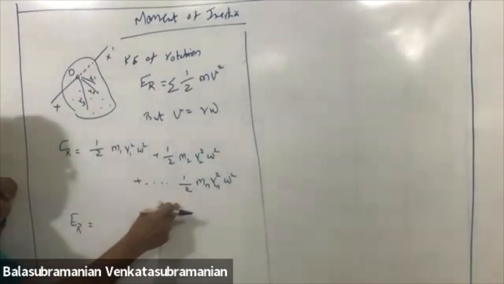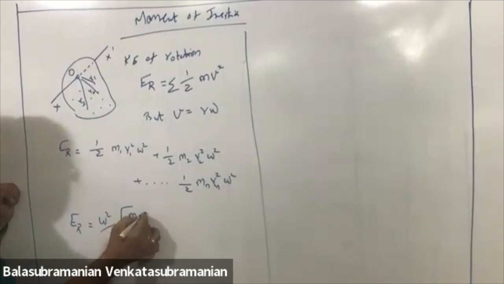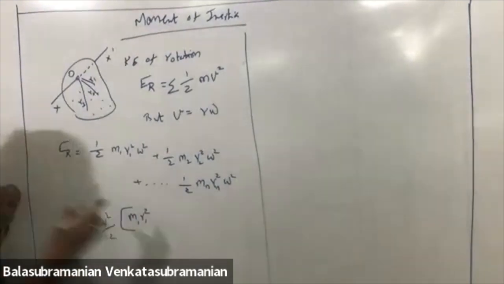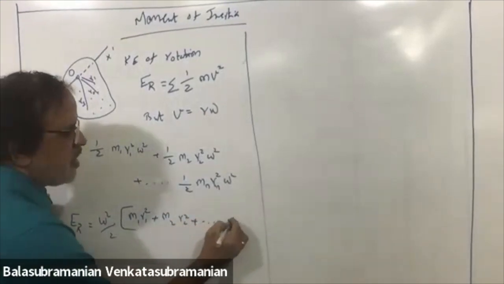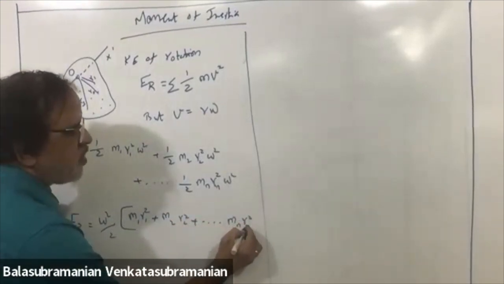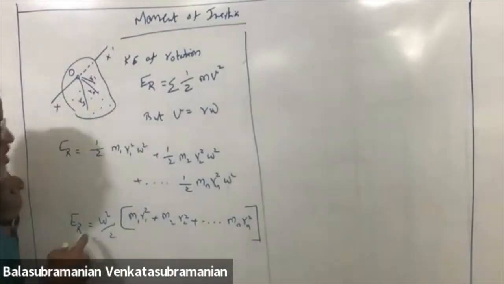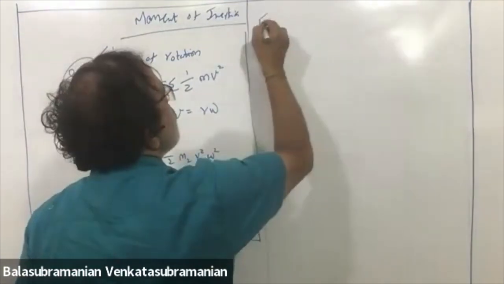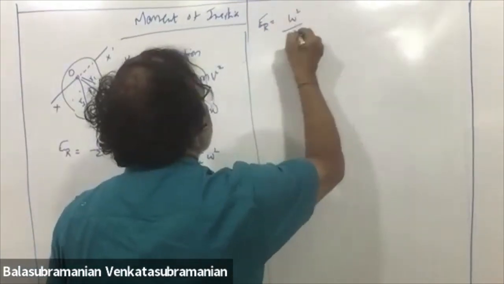So we can take out omega square by 2 as a common factor: m1 r1 square plus m2 r2 square, etc., mn rn square. So Er is equal to omega square by 2.